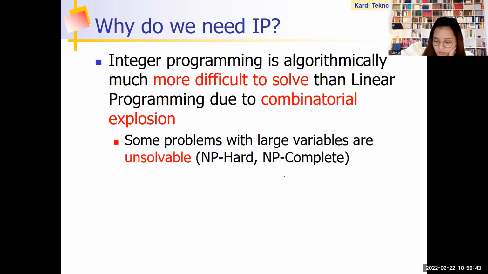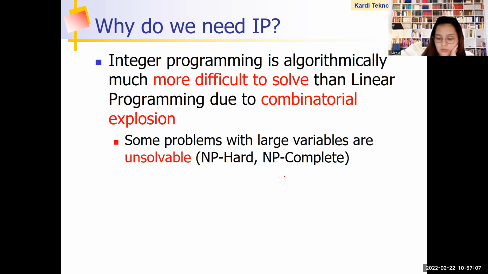So then the next question is, why do we need IP? The reason is actually inside the program. Integer programming algorithmically is more difficult to solve than linear programming. Why?